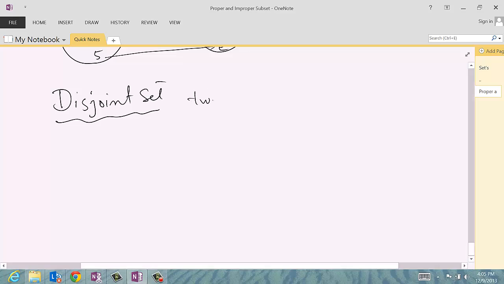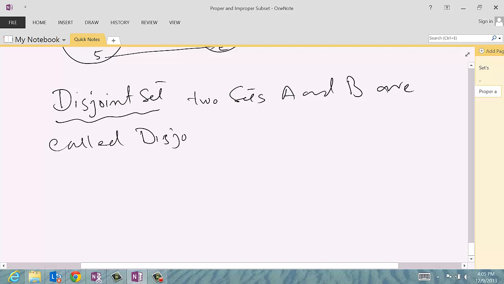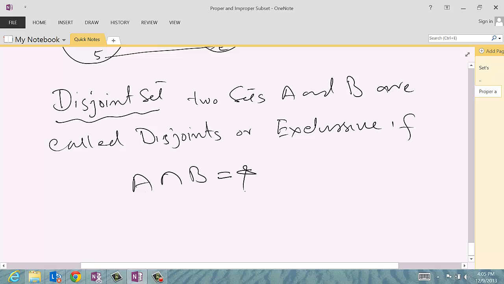So two sets A and B are called disjoint, or exclusive, if A intersection B is equal to the empty set. What it means is that they have nothing in common, and if they do have something in common, then definitely they are not disjoint sets, and we call them overlapping sets.